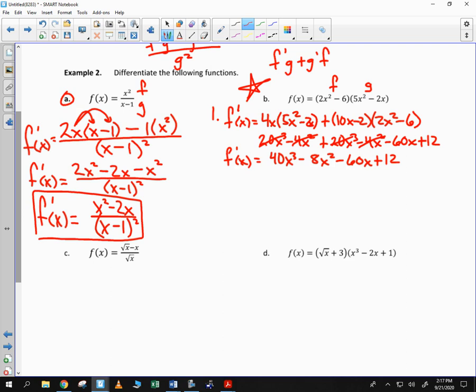Now the second way of taking the derivative is to first multiply everything out. So f of x is, if we multiply this out, we get 10x to the fourth, a minus 4x cubed.